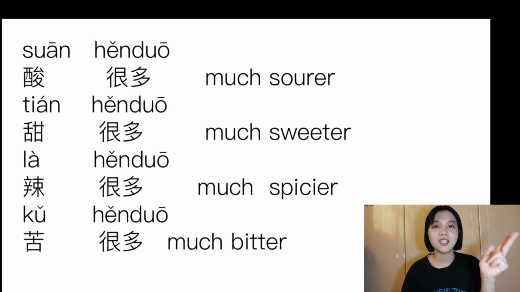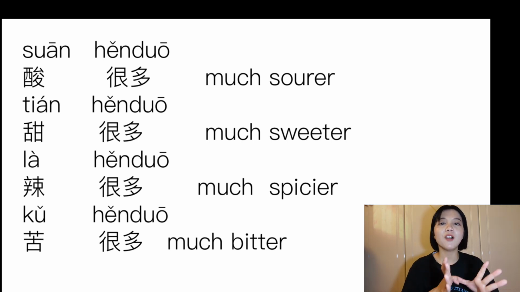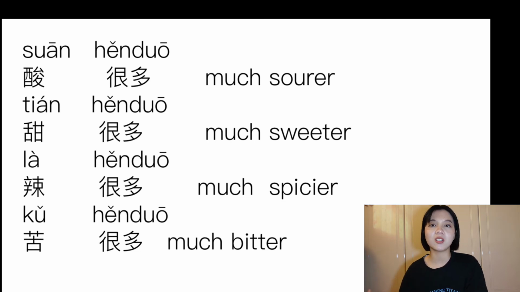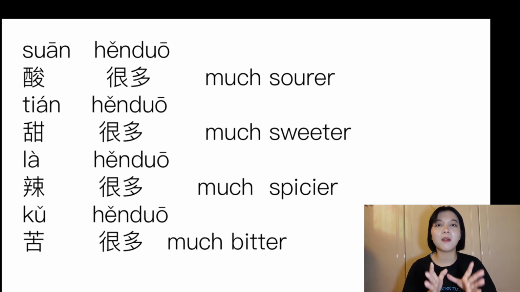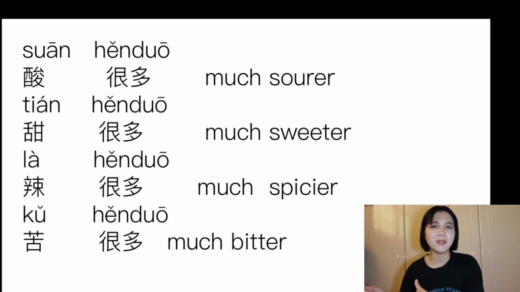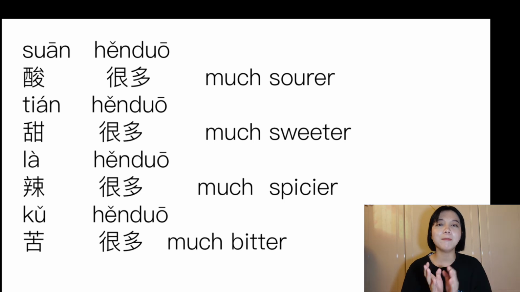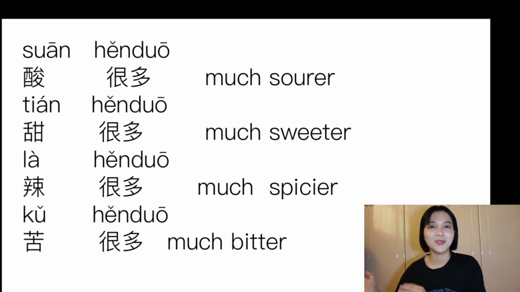And bitter 苦, so 苦很多 much more bitter. For example, coffee is much more bitter than milk. 咖啡比牛奶苦很多. And watermelons are much sweeter than lemon. So I can say 西瓜比柠檬甜很多.